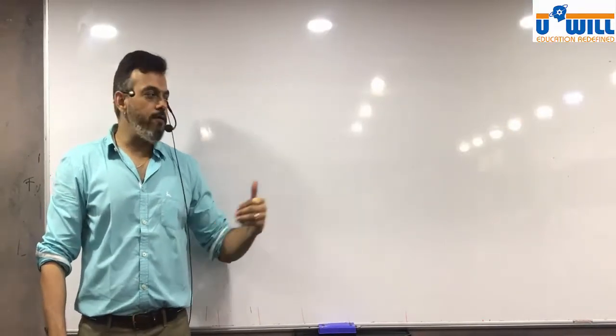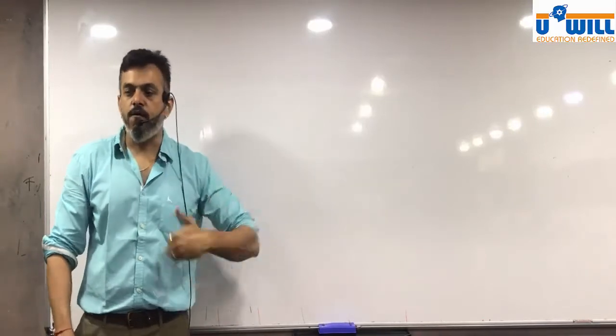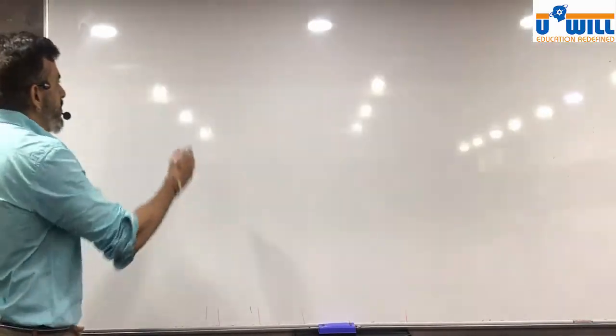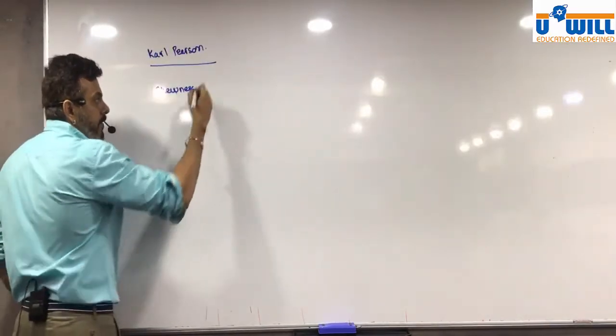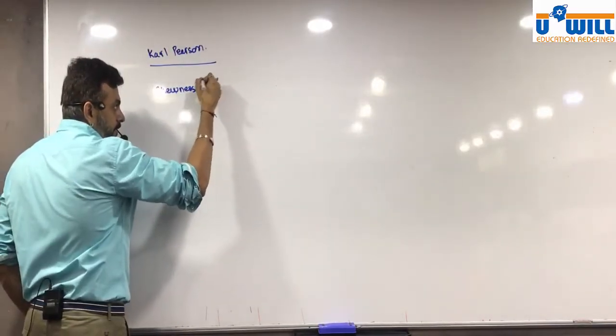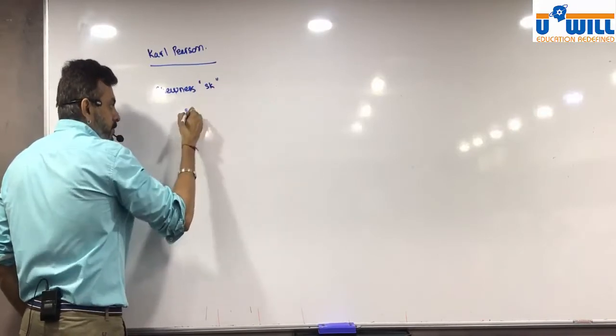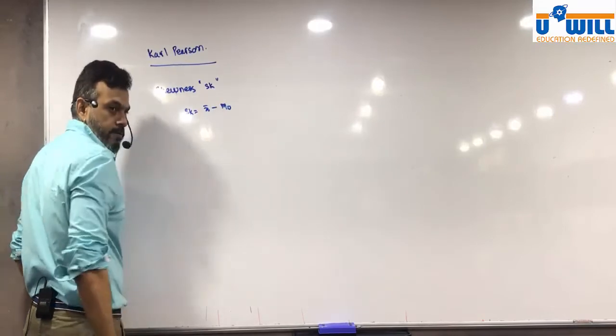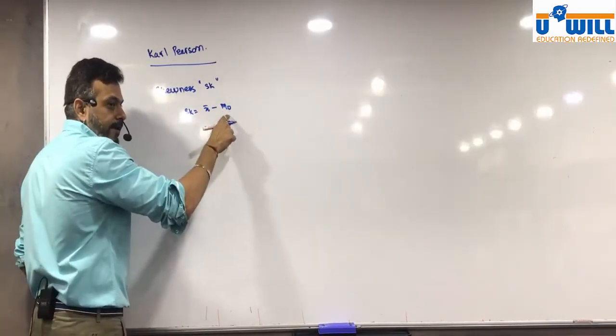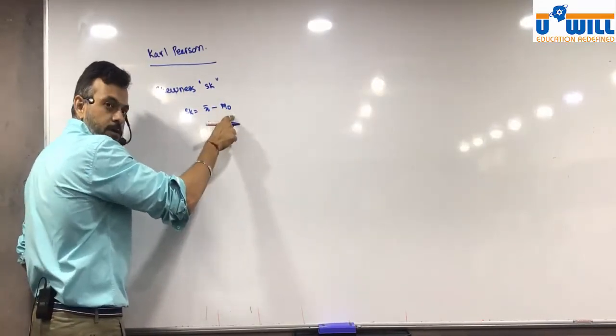So we have to go from graphical method to formula based method given by statistician Karl Pearson. Skewness given by symbol sk. Skewness is equal to x bar minus mode, x bar minus z, or x bar minus mode.